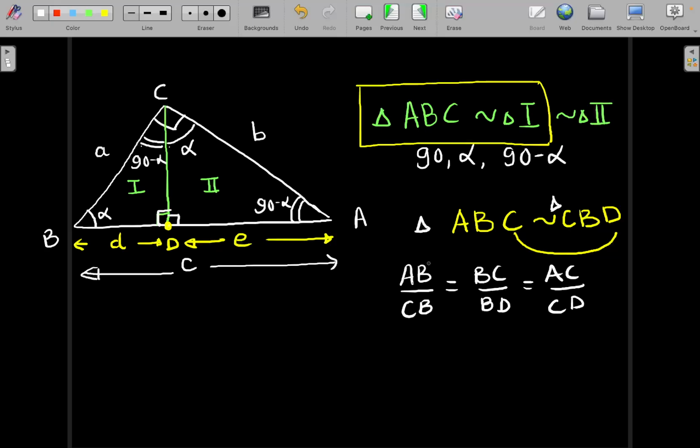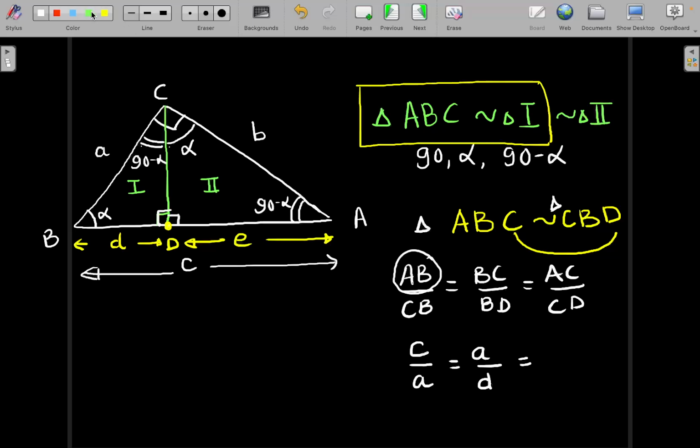You can see that side AB in the diagram is nothing but C upon CB, which is A, that is equal to BC, which is again A, and BD, which is D, and that is also equal to AC over CD, but actually I don't require it for my first magical result.